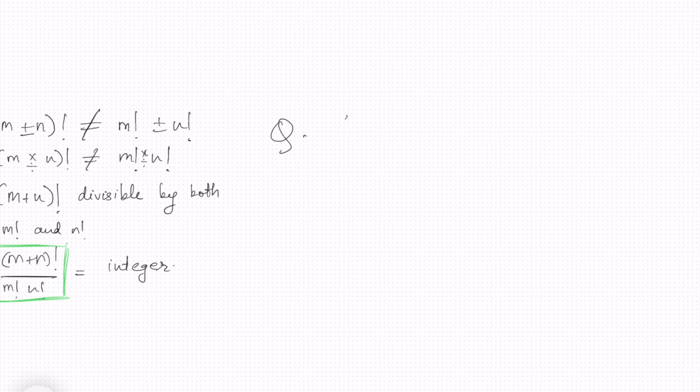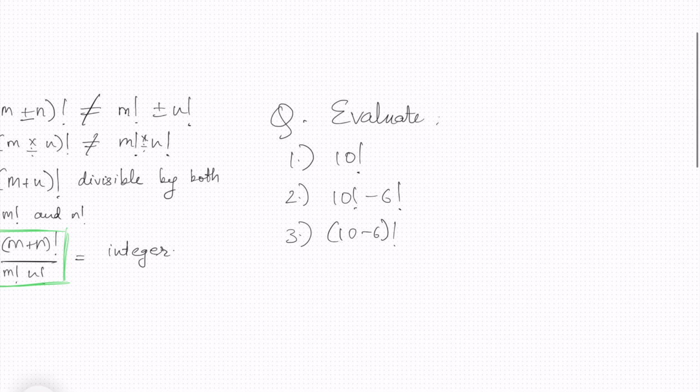So say evaluate: 1, 10 factorial; 10 factorial minus 6 factorial; (10 minus 6) factorial; and 9 factorial by 3 factorial 6 factorial.